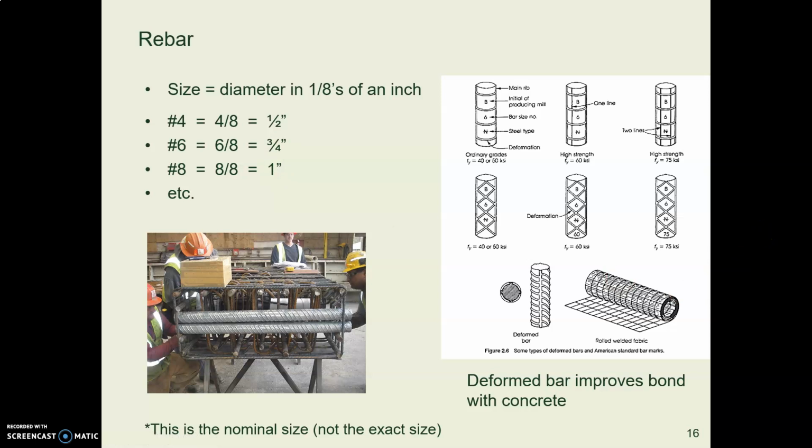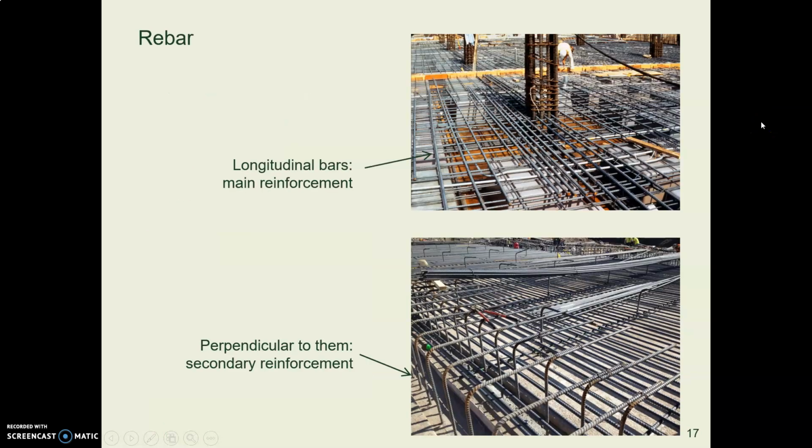And by the way, rebar comes in different grades of strength. You can look at a piece of rebar and know what grade it has by looking at the markings on it. When you look at a commercial project, before the concrete is poured, you will be amazed at how much rebar is in that thing.